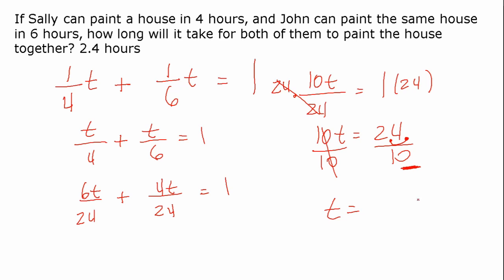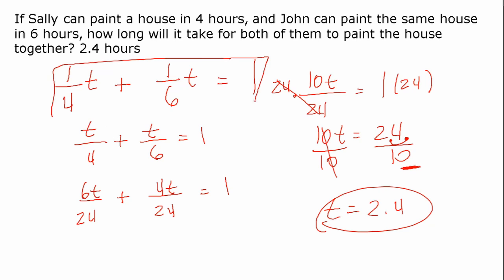So I know 24 divided by 10 is going to be 2.4. In other words, if Sally and John paint the house together, it will take them 2.4 hours to do it. So that's that one. Again, same setup as the last combined work problem, so you should definitely know how to do those.